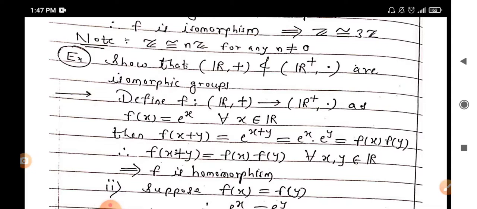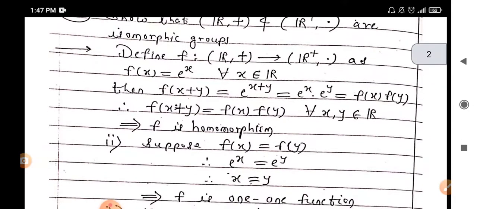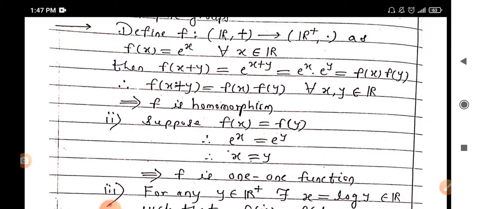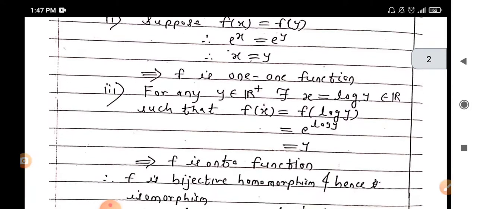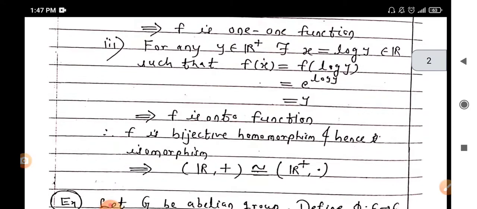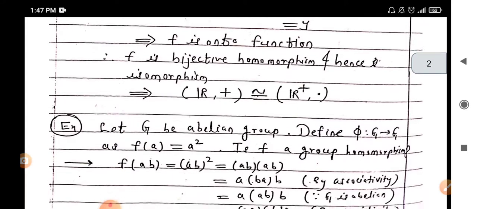Since multiplication is the operation in the codomain, f is a homomorphism. Suppose f(x) = f(y), therefore e^x = e^y; taking log of both sides, this implies x = y, therefore f is a 1-1 function. Also, for y belonging to R^+, there exists x = log y such that f(x) = e^(log y) = y, therefore f is an onto function, hence R is isomorphic to R^+ under multiplication.